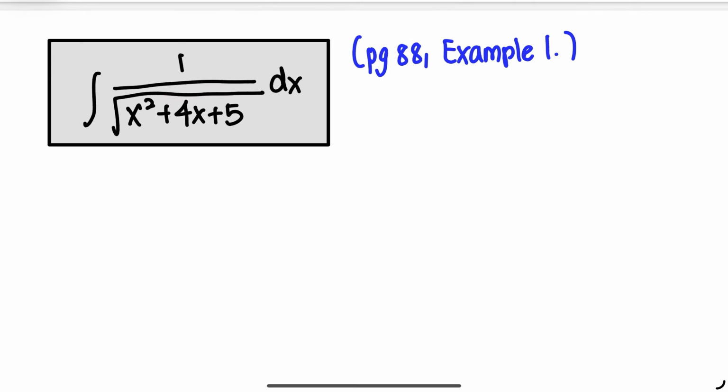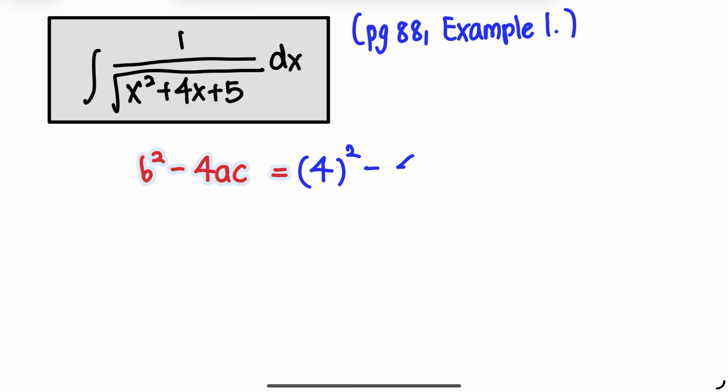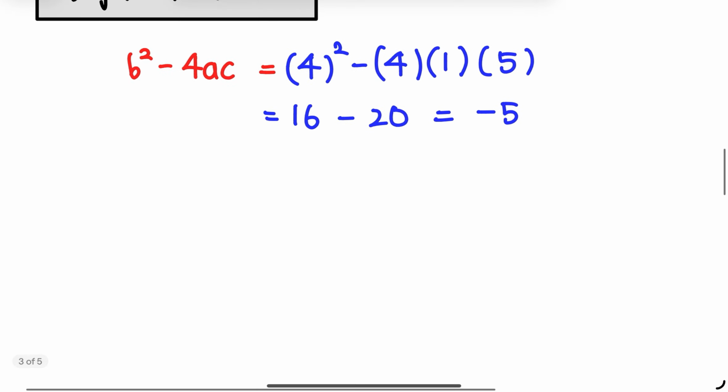Let's try. b squared minus 4ac, in this case, is 4 squared minus 4 times 1 times 5, which is 16 minus 20, which is negative 4.